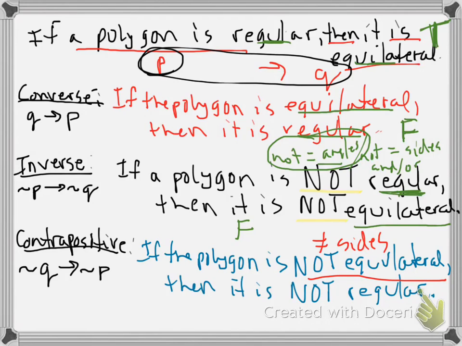Well, regular needs equal sides and at the same time equal angles. Well, we already know that this is gone here. So that means we're not regular. So this is actually a true statement.